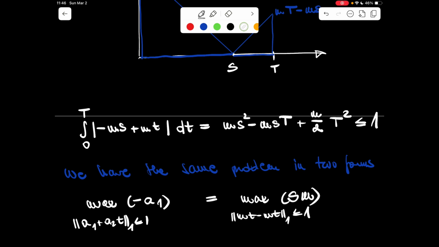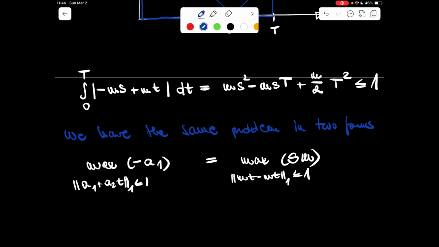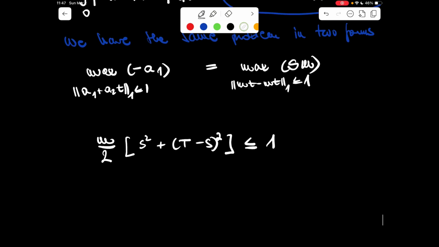Minus a1 is a positive number, and Sm is another, an equivalent positive number, equal number. So, let's focus on this inequality. It means that by simple algebra, we receive this inequality. It cannot be higher than 1.